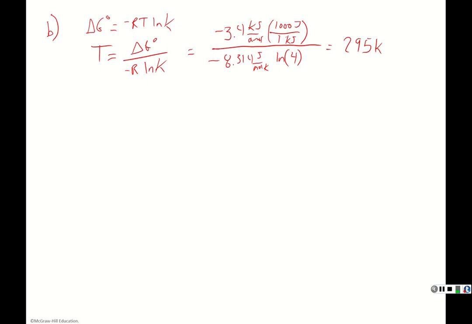Okay, so then we can go back to each scene and count up all the products and reactants and calculate a value for Q for each of these.